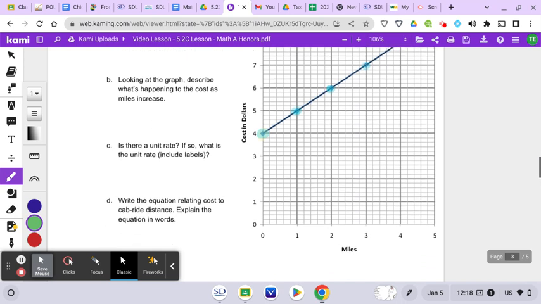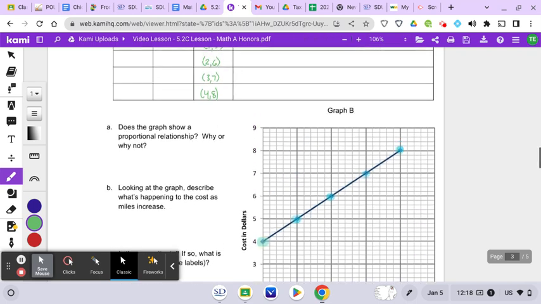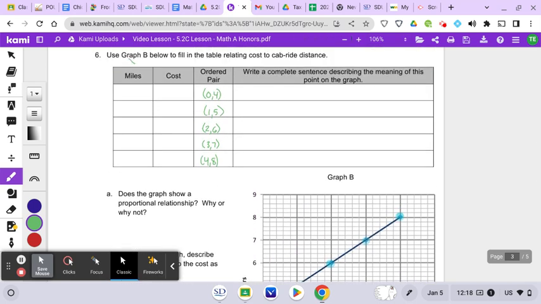I know the miles because it's on the x-axis, the x is the first point in the coordinate, and this is the y, the cost. So this is my x part and this is my y part. So I had 0, 1, 2, 3, 4. My cost was 4, 5, 6, 7, 8.